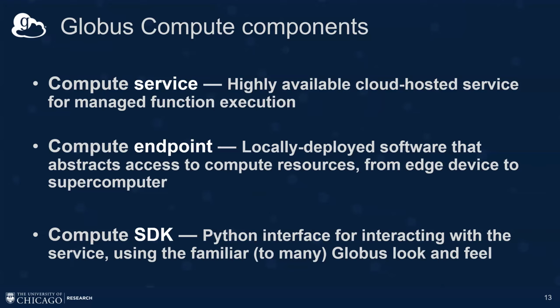It's a piece of software that you deploy on your resource that abstracts access to this resource and makes it visible in the Globus Compute ecosystem, just like transfer's Globus Connect Server. You deploy it, and it makes your storage resource visible in the Globus transfer ecosystem. And we have a compute SDK, which gives you an interface for interacting with the service.